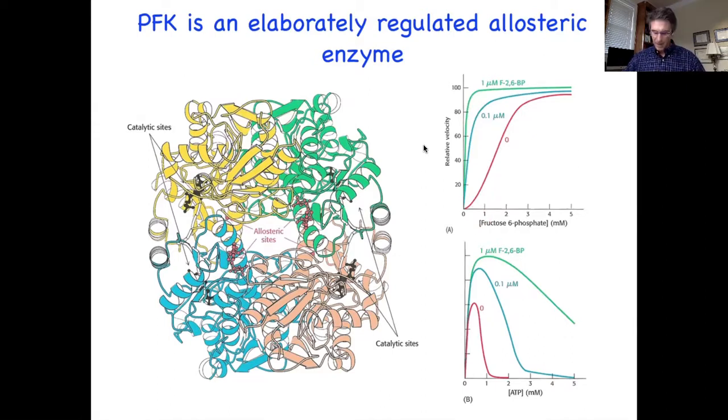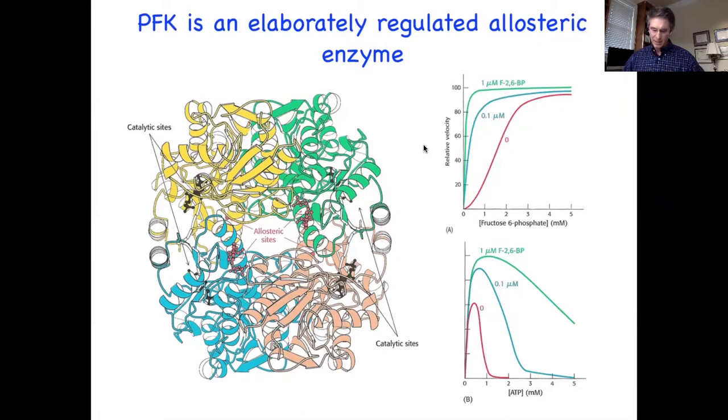Incredible stimulation. At the same time, fructose 2,6-bisphosphate can dramatically, not totally, I mean, ATP levels are still dropping this guy's activity down, but it can overwhelm the inhibitory activity of high concentrations of ATP if fructose 2,6-bisphosphate's around. So it's a very powerful activator of liver PFK.